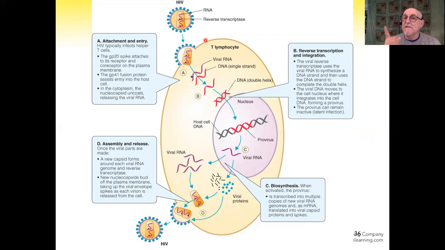So HIV is first of all a human virus. It doesn't infect anything else and cause disease. It is specific for humans, but it is specific for a group of cells which have these proteins. One of them is called CD4, the other CCR5. And these are on the outside, and this is what the proteins here bind to.